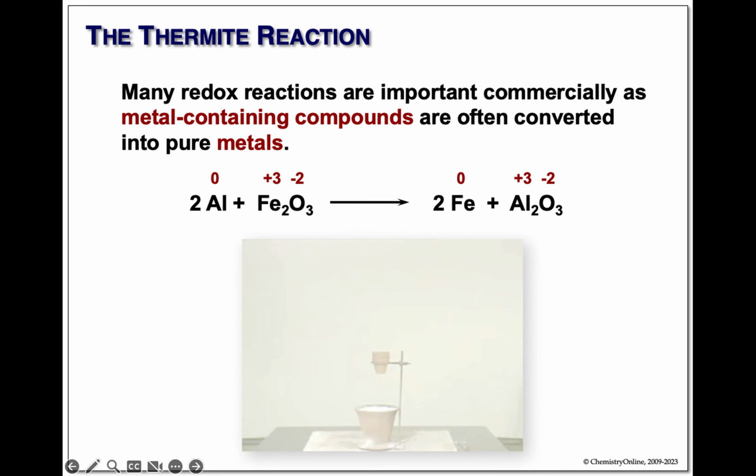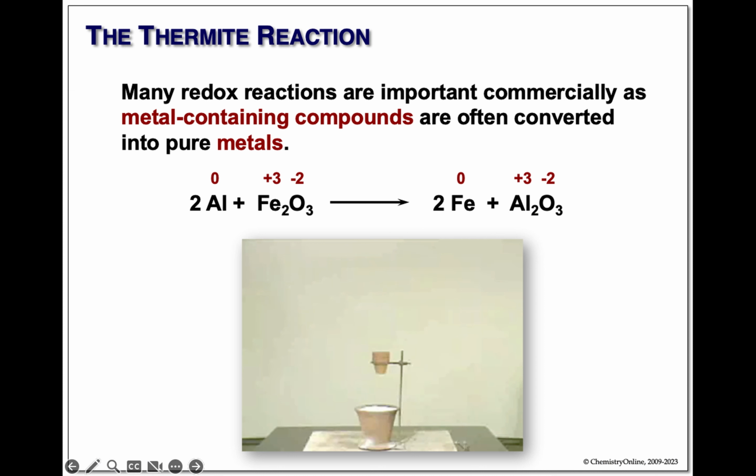All right, this is the reaction that we just looked at. This is a set of two flower pots. Okay? This one has sand in it. This one has aluminum metal plus iron oxide, just mixed together.